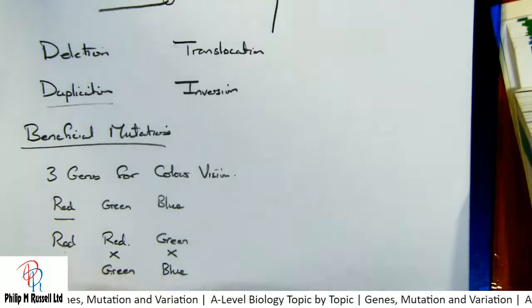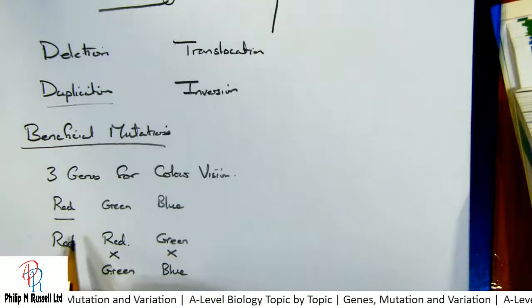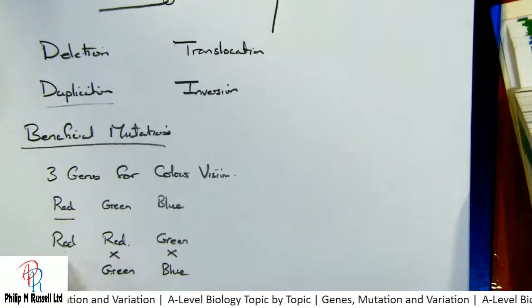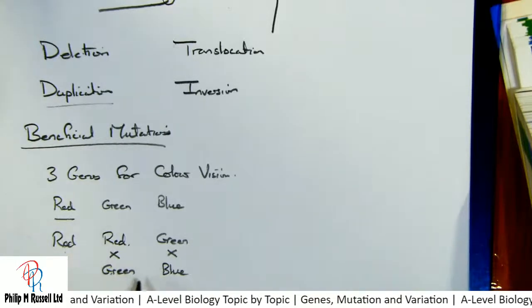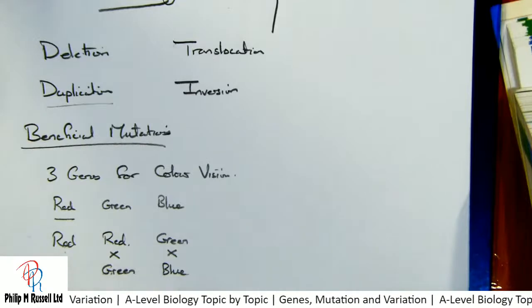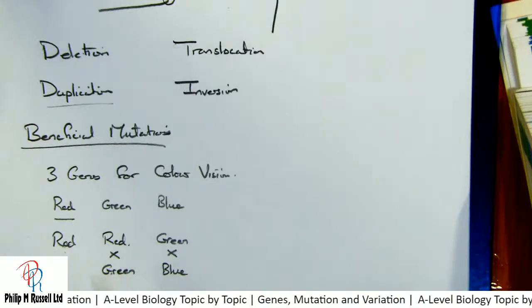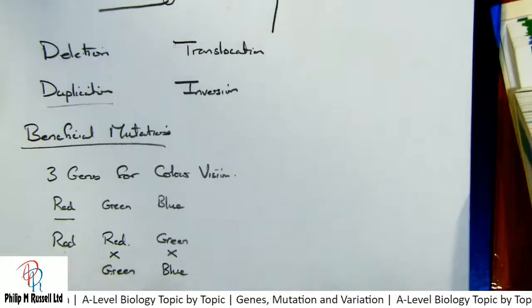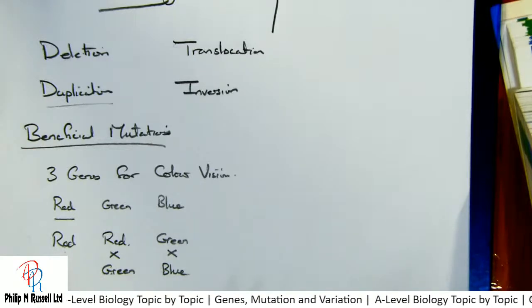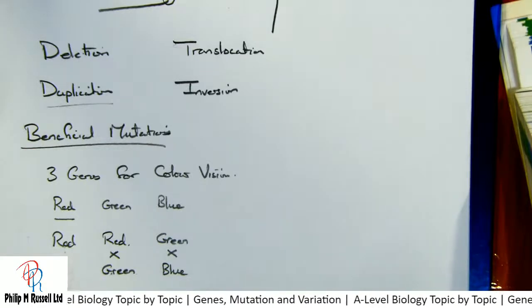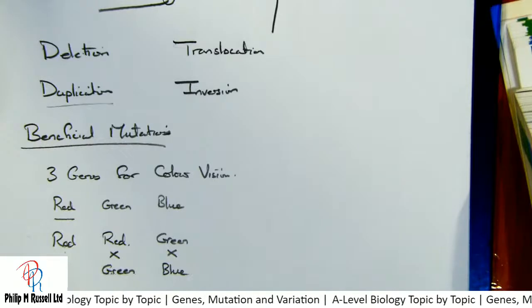I'm told that some snails have 5 versions of these genes, and they can see even more colours than we can. As to what those colours are, I'm afraid you're going to have to ask a snail, because I don't know.